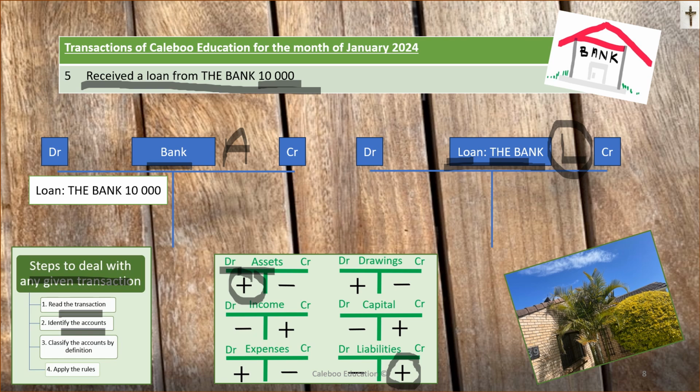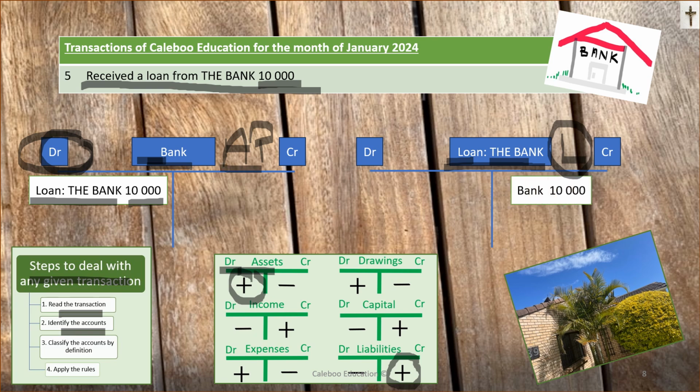So bank was an asset, is an asset, and it gets debited because our bank balance has increased when the 10,000 hits our bank account, the business bank account. The name of the contra account to bank in this transaction is loan, the bank, and the account gets debited. Why? Increase in assets.